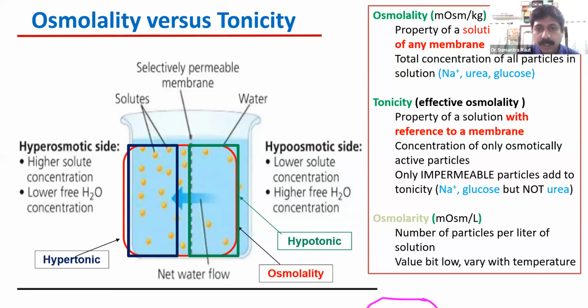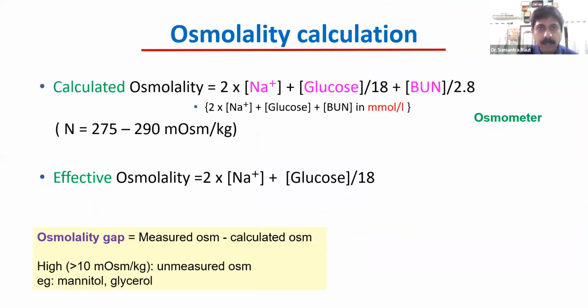Regarding tonicity and osmolality, remember, effective osmolality or tonicity is most commonly used for sodium homeostasis. To calculate the osmolality, we usually use the formula: sodium into 2, plus glucose in milligram per dl divided by 18, plus blood urea nitrogen in milligram per dl divided by 3. This is called the calculated osmolality because all three values are easily available in our labs.